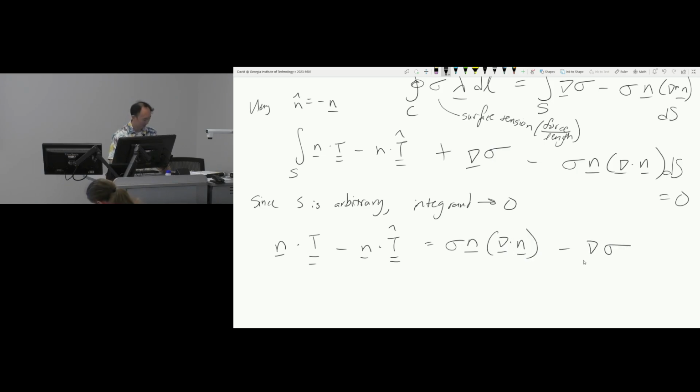All right, let's explain what each of these are. So this is the force per area by the air side. So the difference in force per area by the top side and the bottom side. Minus sign. Well, if you take this 6607 class, this is how you figure out the shape of water menisci.